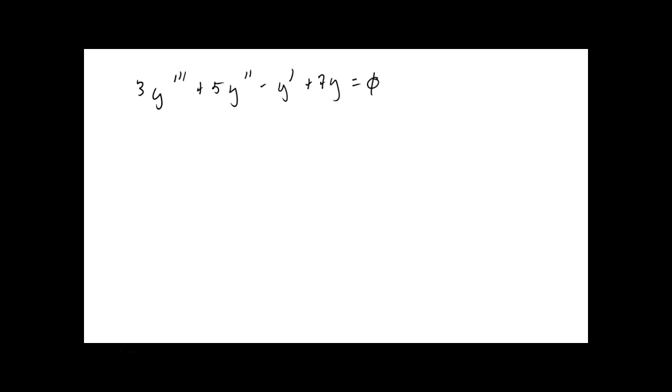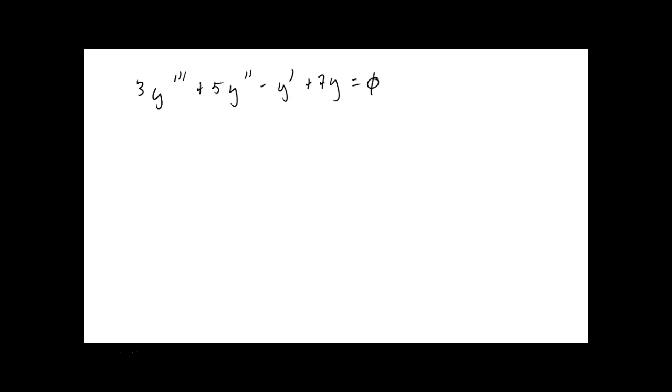Okay, so this is a third order linear differential equation. For those who came in a little bit later, what makes this linear? All the y's and the derivatives of y's are to the first power, and you don't have any mixed things.